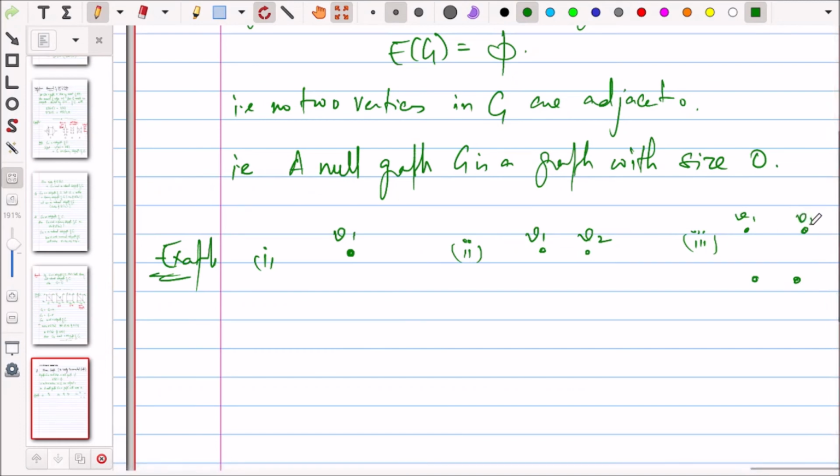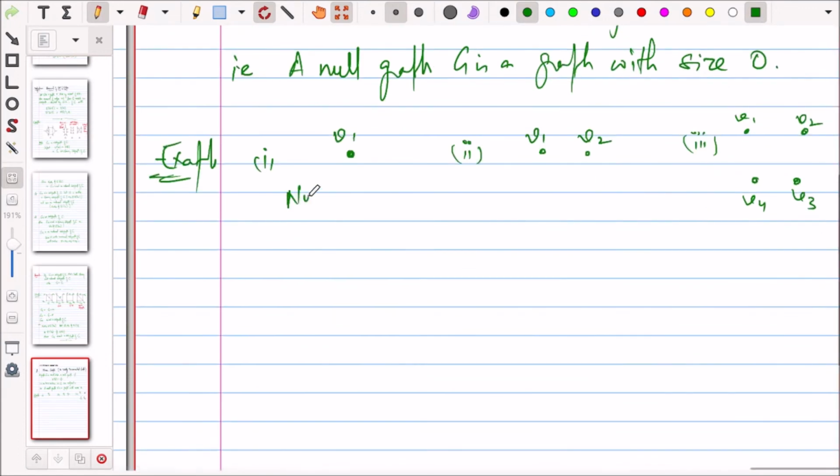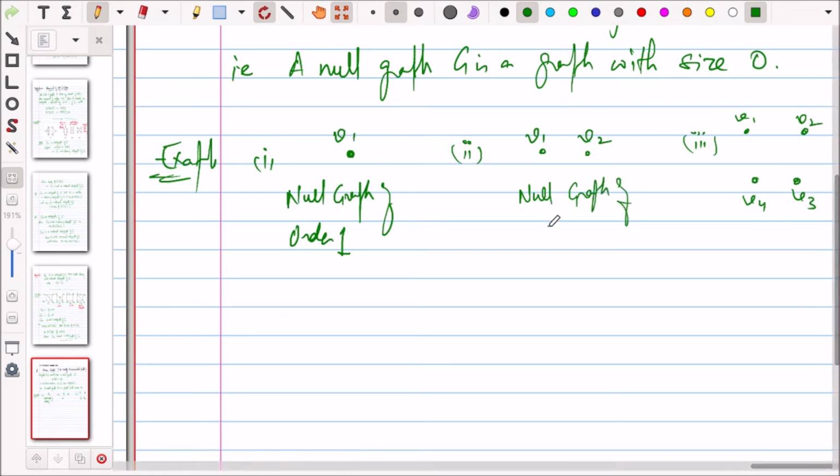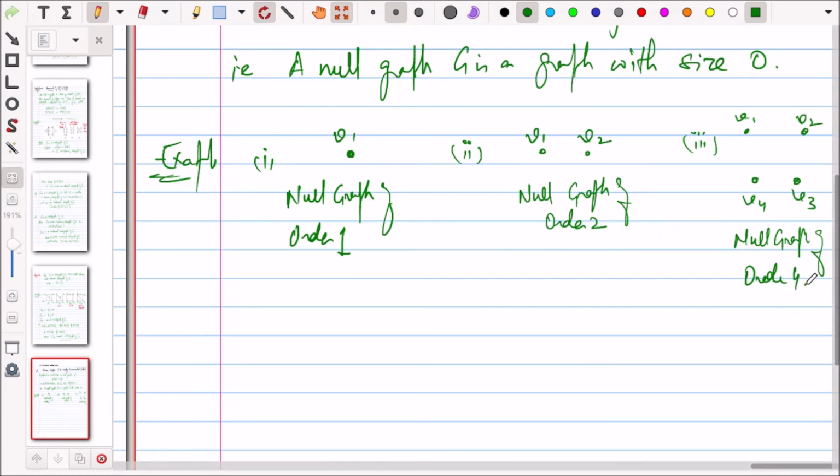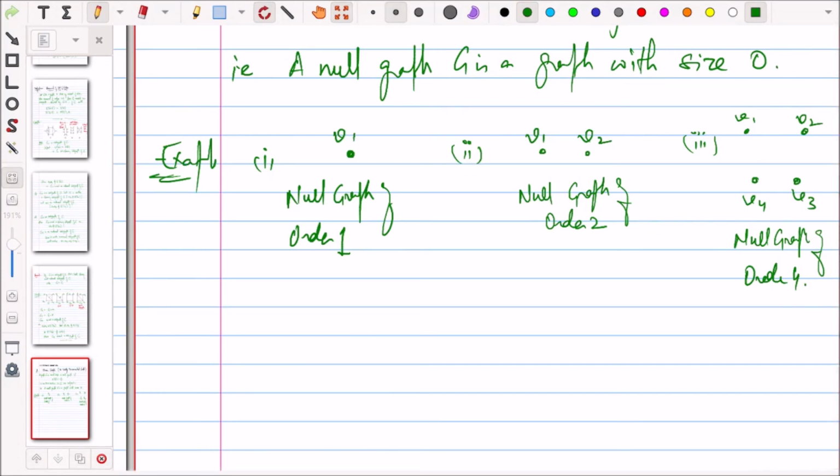So null graph of order 1, null graph of order 2. Order means number of vertices. Null graph of order 4. Fine? Is it fine? Yes, sir.